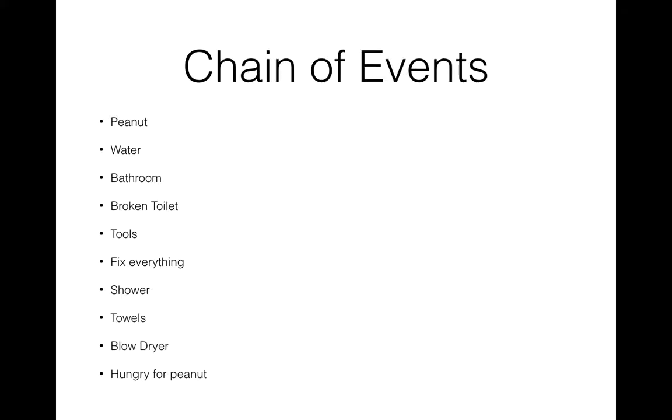So he needed tools, but he didn't just fix my toilet, he fixed everything in the house. Then he decided he needed a shower because all that work made him stinky and sweaty and wet from the pipes. So I had to go get him all of the towels that we owned after his shower. He used my blow dryer because he had a little bit of hair on his head he didn't know about. And then after all of that, he was hungry yet again.